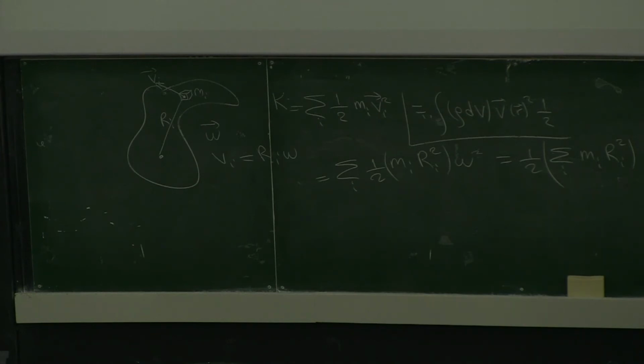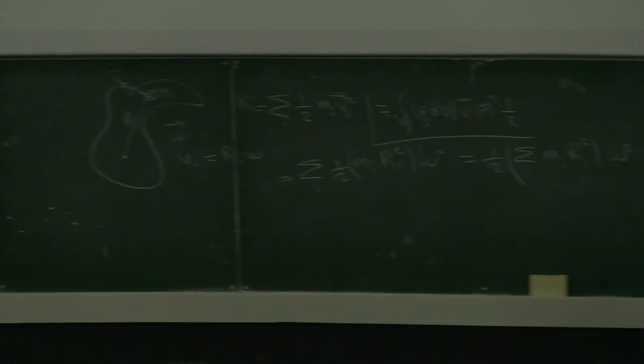We had defined this quantity, which we will see quite often in rotational motion, as the moment of inertia of my object. So this is 1/2 I omega squared. This is the kinetic energy of rotation for my object.